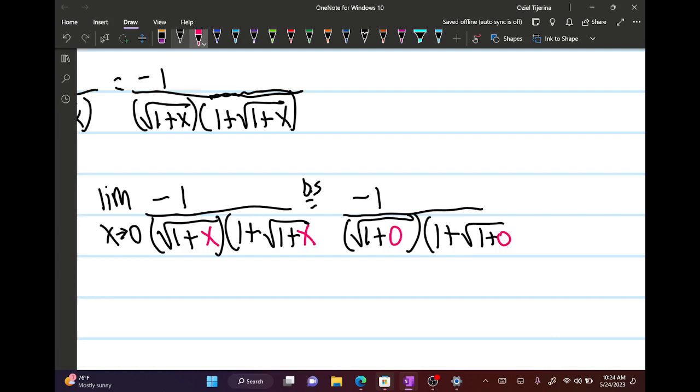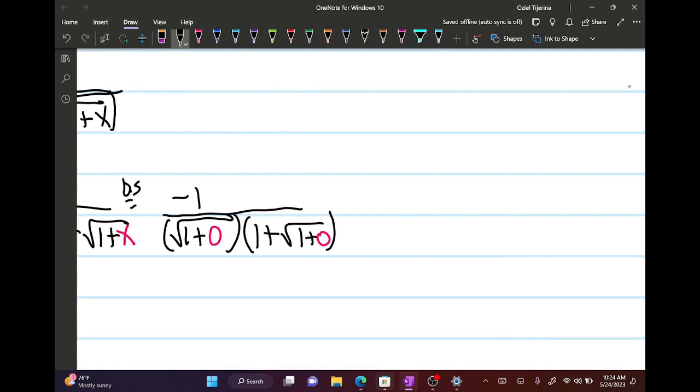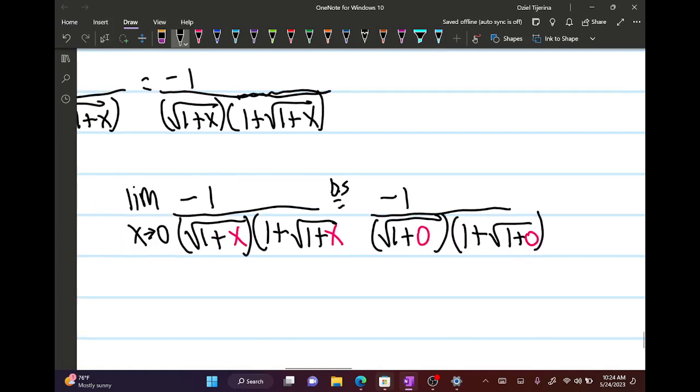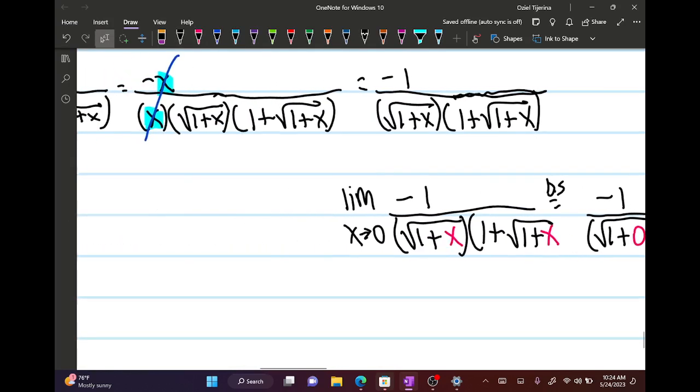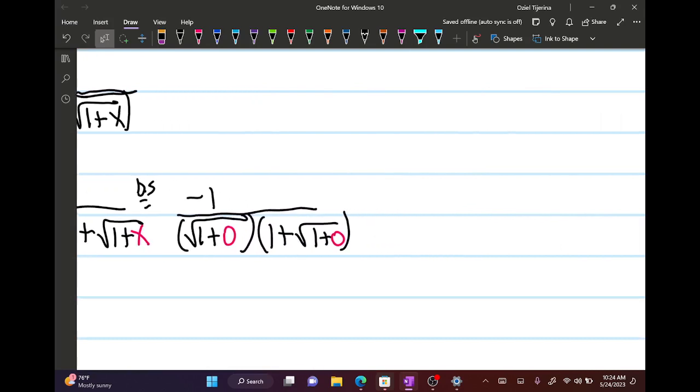So then this following thing is going to give me negative 1 over the square root of 1 times 1 plus the square root of 1.